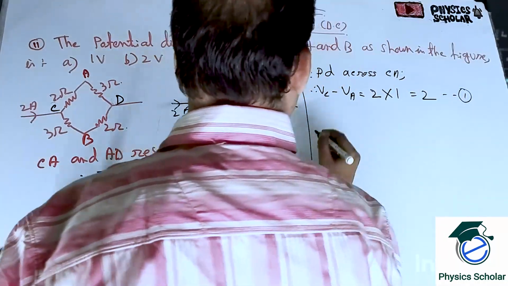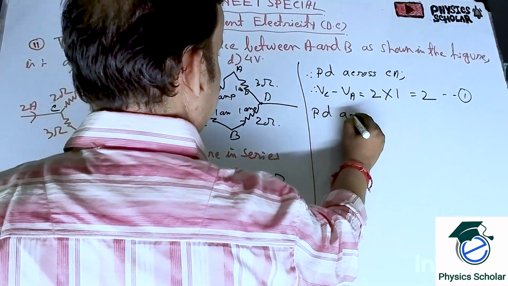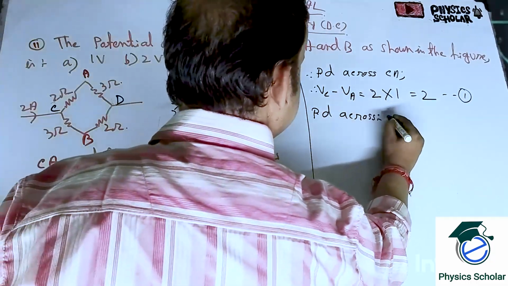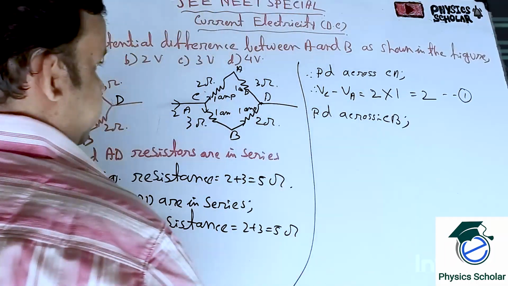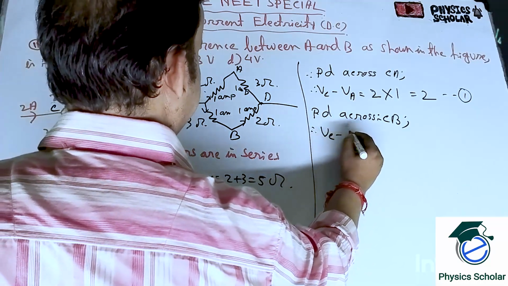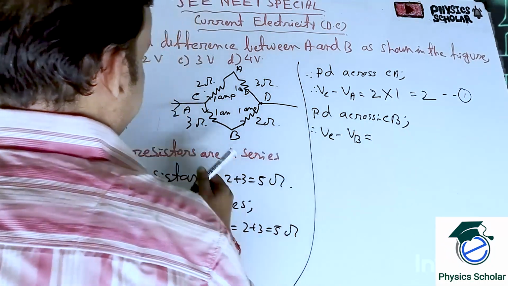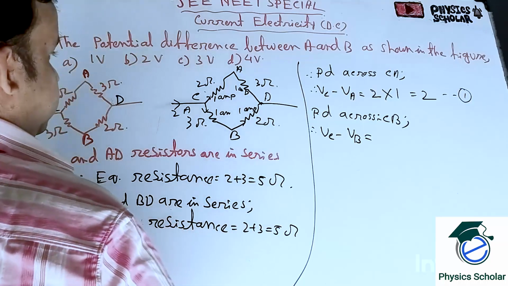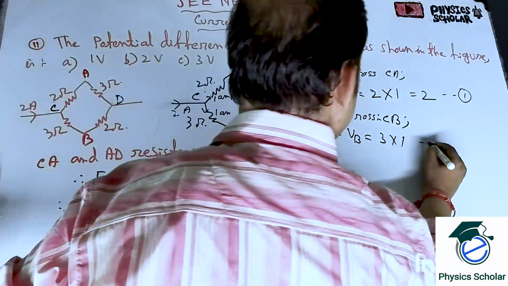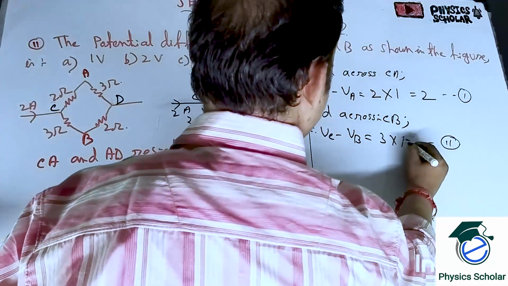Clear? And the potential difference across CB, what can we write? VC minus VB is 3 into 1, equation number 2, which is equal to 3.